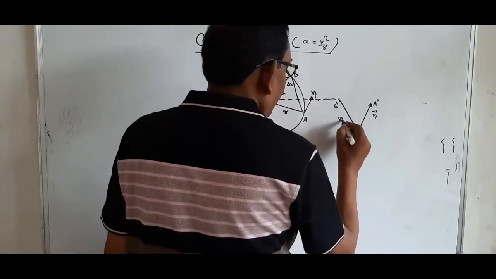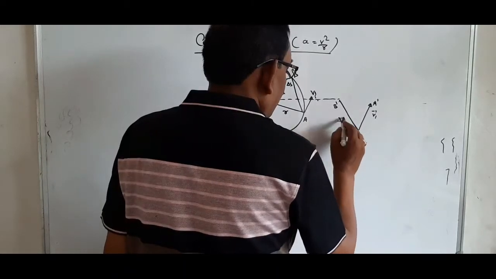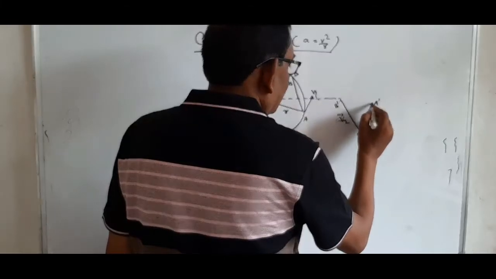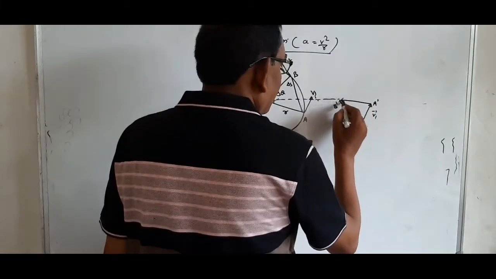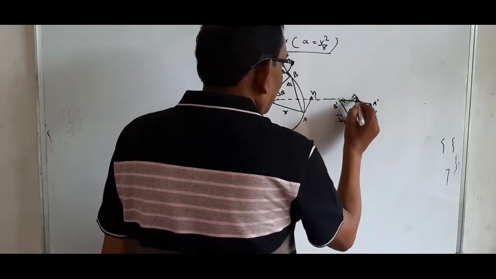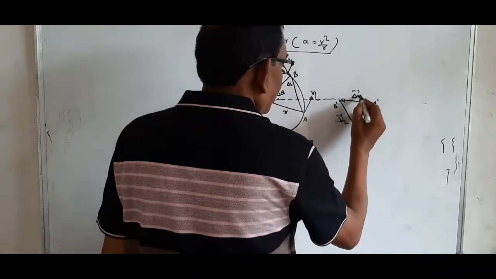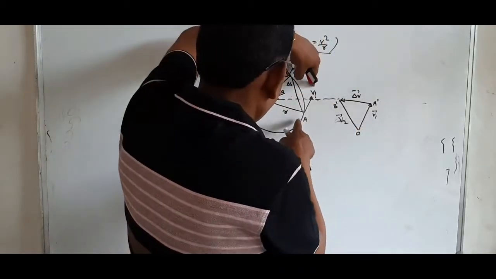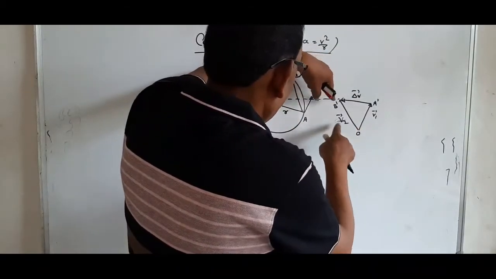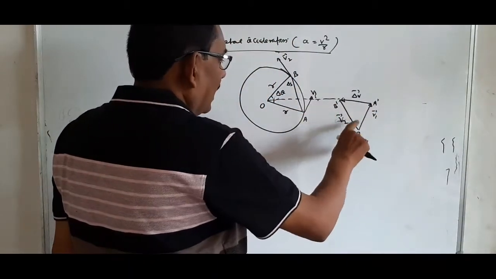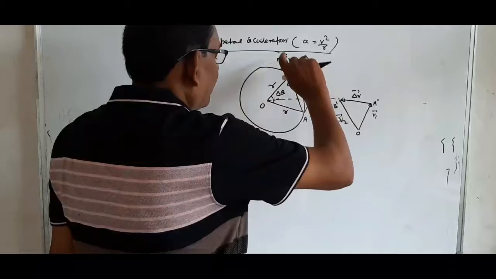It is your V2. Now, what is A dash B dash? To complete the triangle, A dash B dash is your delta V. So OA dash is equal to V1, and OB dash is equal to V2, parallel to V1 and V2 respectively.